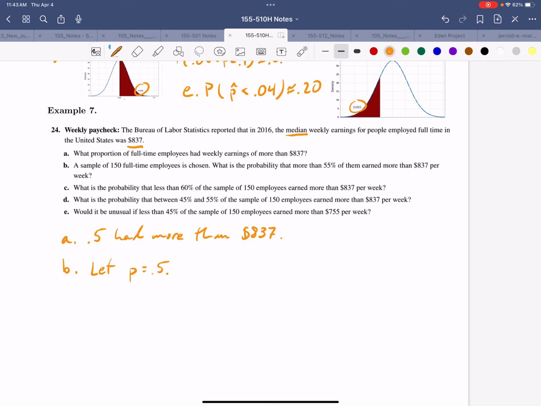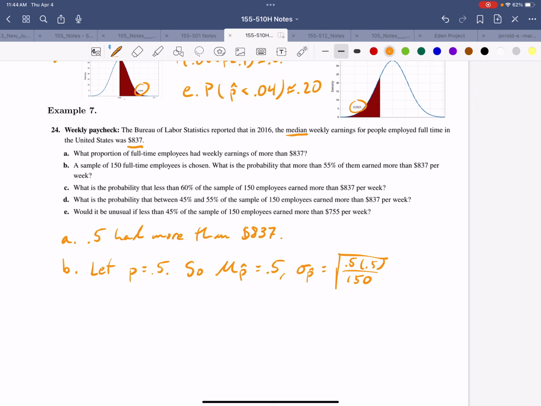So the mean of p hat equals 0.5, and the standard deviation of p hat equals the square root of 0.5 times (1 minus 0.5), divided by 150.